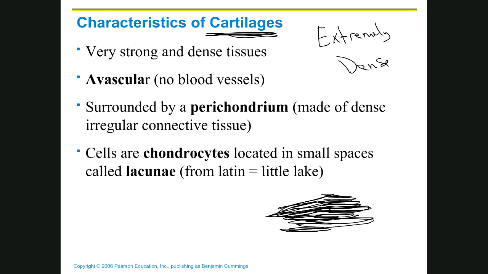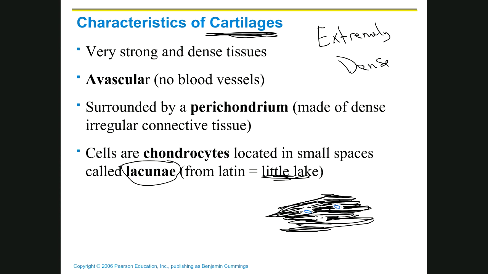And so if you look at cartilages, you're going to see little holes in the tissue. And in the hole is where the cells are. The hole is called a lacuna. Lacunae means little lake. So there are these little holes, and then inside the lacuna is where the cells are going to be.